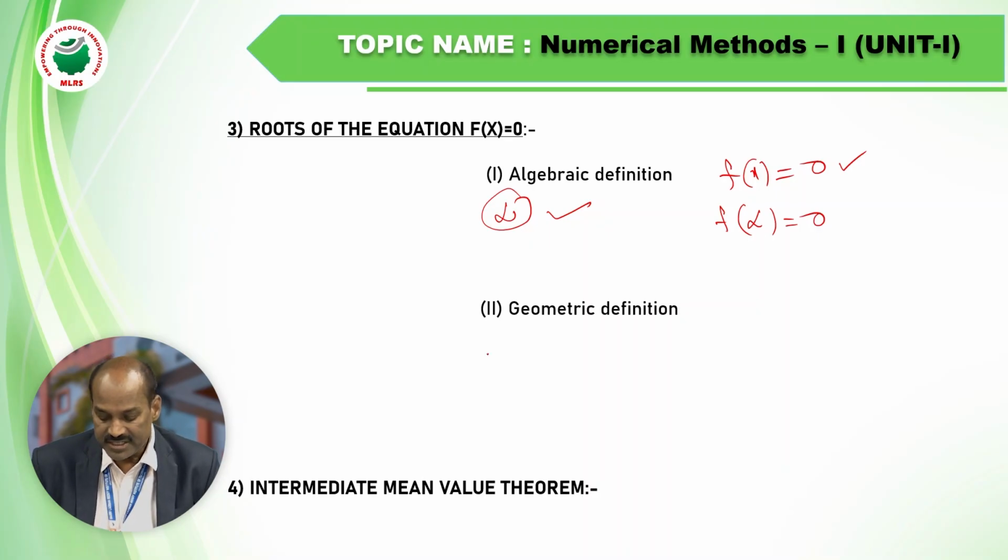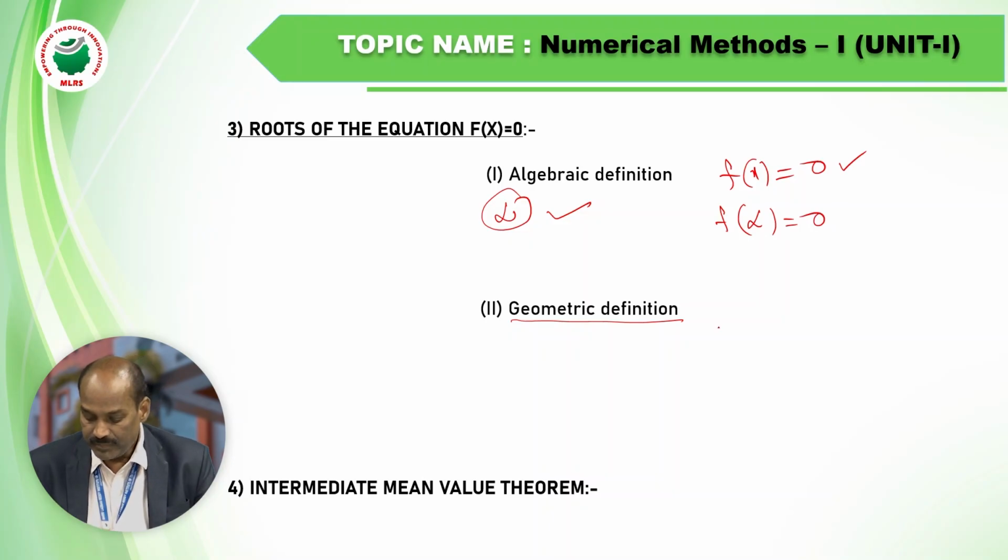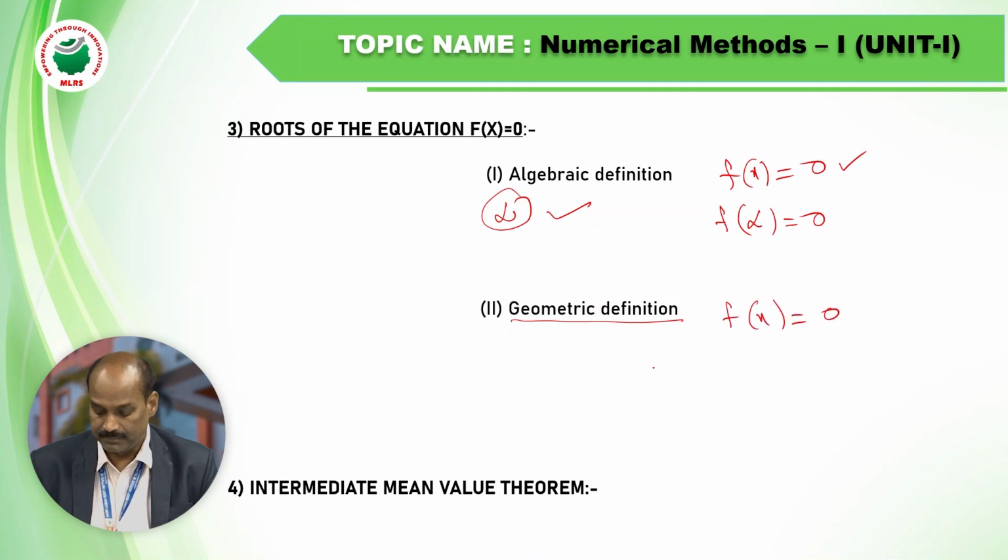The second one is the geometric definition, because we use this definition in our four methods. So this is a very important geometric definition. Suppose f of x is equal to 0 is the given equation.